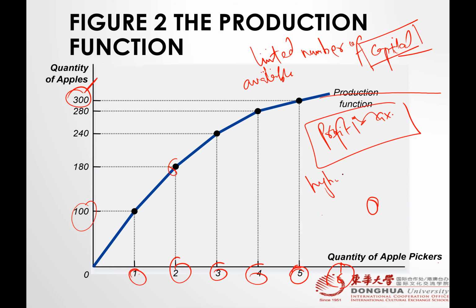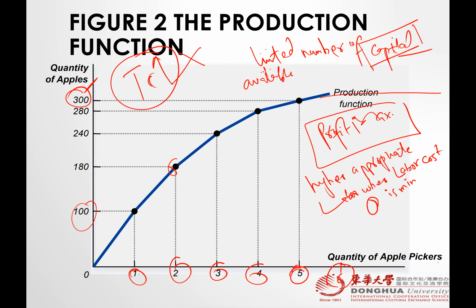Hire the appropriate labor where labor cost is minimum, so that we don't hire so many people that our labor cost increases. Our labor cost increasing means our total cost increases. When our total cost increases, it means we are not fulfilling our objective, which is maximization of profit, right?